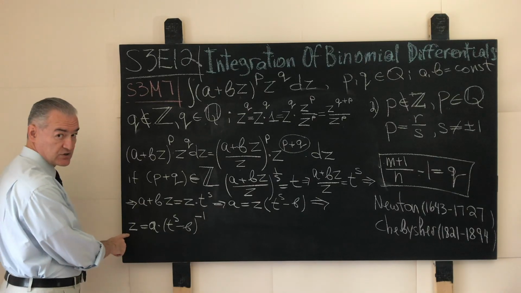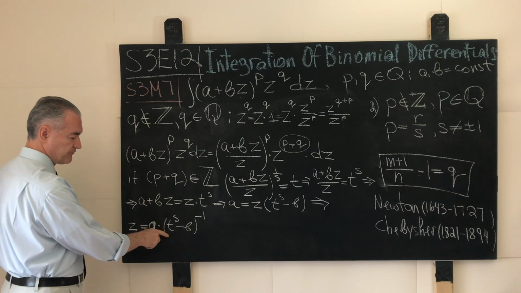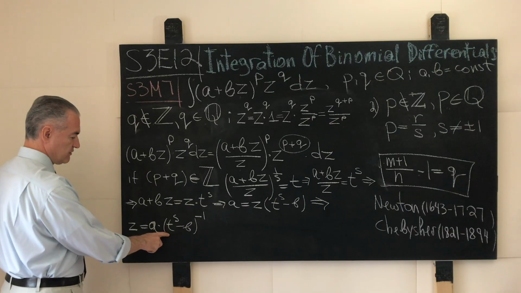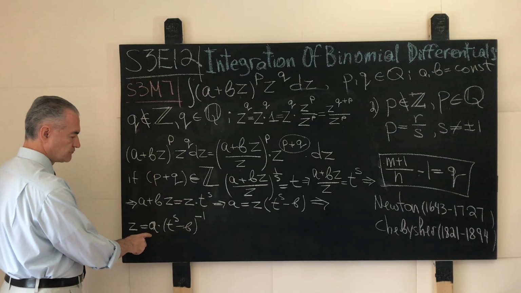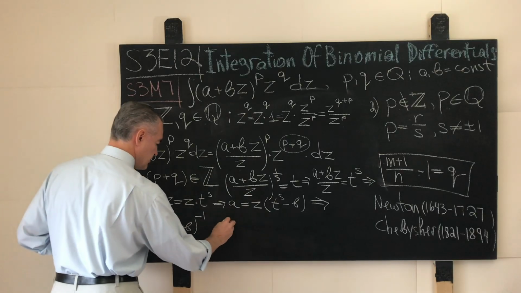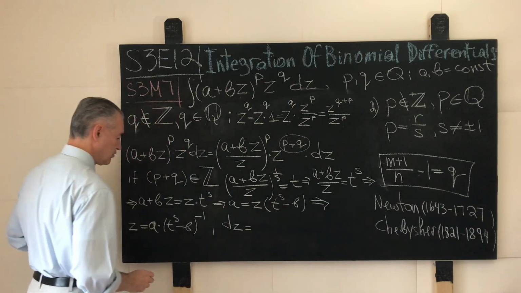Take the first differential of z, dz. This will be, again, a rational function in t. We don't have to torture this. And this will take care of the differential dz. Okay, let's write it down just to be thorough. dz will be what?